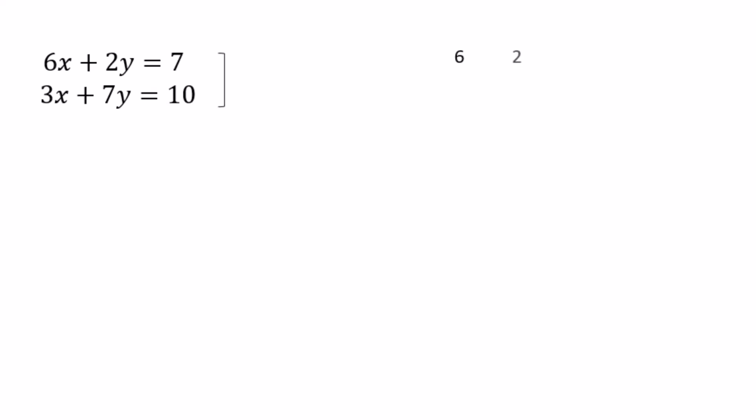Converting them, I get 6, 2, 3, 7 in matrix form, which is a matrix of size 2 by 2. Similarly, x and y will be in a column matrix, and on the right side I will have 7 and 10 as a column matrix as well.